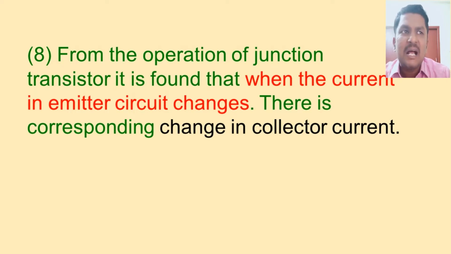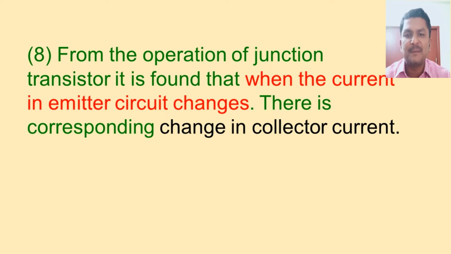From the operation of a junction transistor, it is found that when the current in emitter changes, correspondingly there is a change in collector current also. And already you know that there is diffusion of majority charge carriers from emitter side to the base junction and base to collector junction.